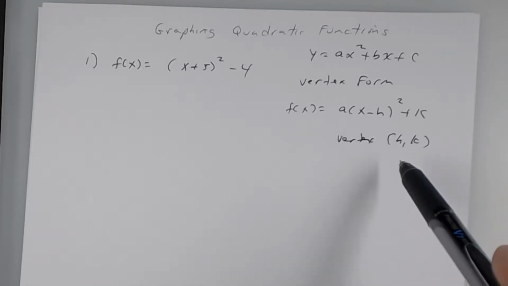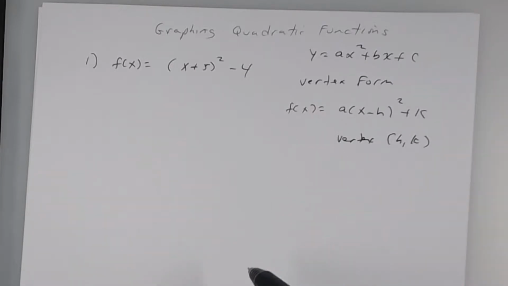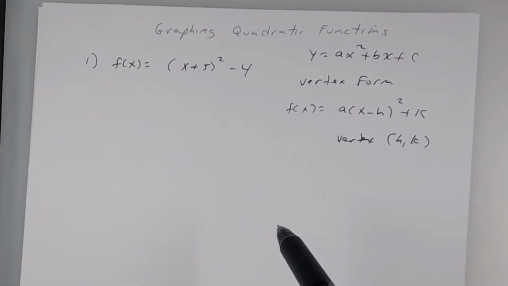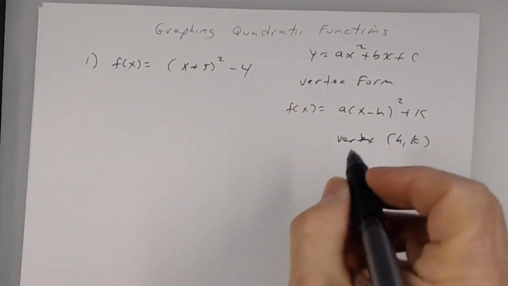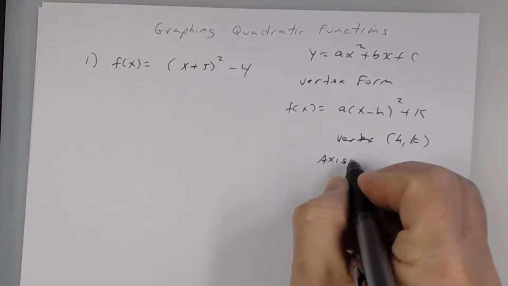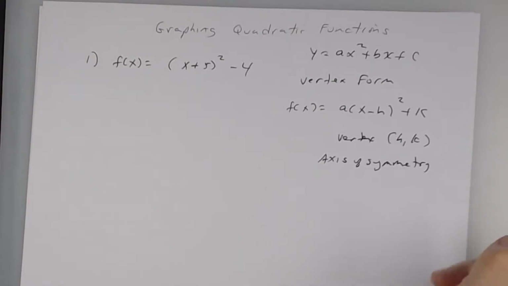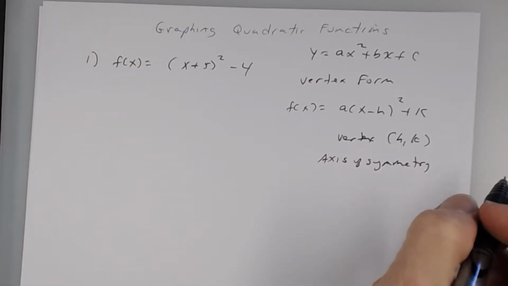We also talked about that all these quadratic functions, and you can go back to the video from last class period and from your notes, that we looked at symmetry. They all have symmetry. What is the name of that line that goes through the vertex? The axis of symmetry. And so once you find your vertex, you know your axis of symmetry.